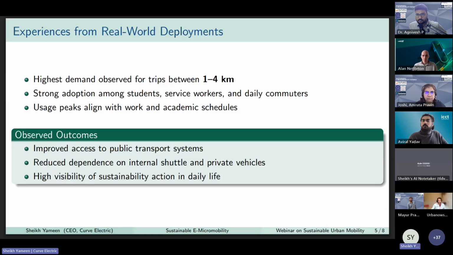This helps us with one of the biggest problems in any public sharing system, the redistribution problem. How do you redistribute the vehicles? Once you know the pattern of usage, you can predict the peaks and the lows, and what number of bikes are needed at which place.